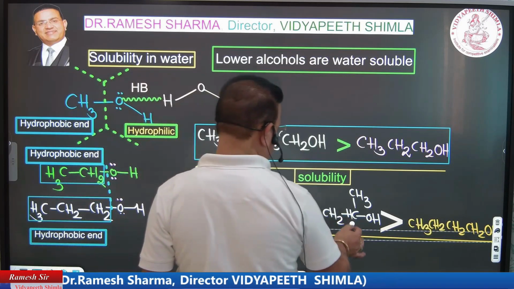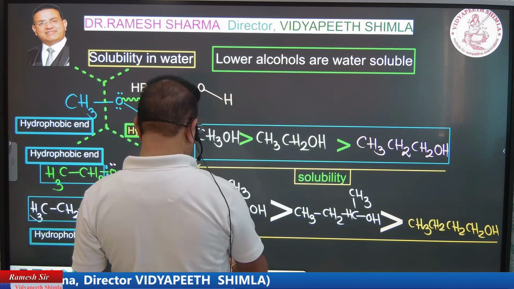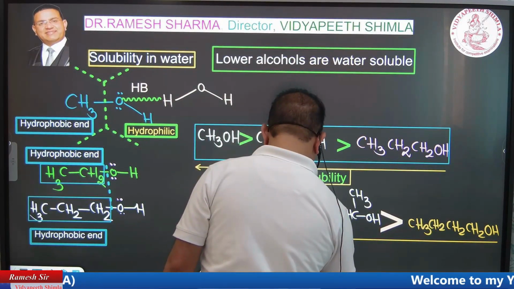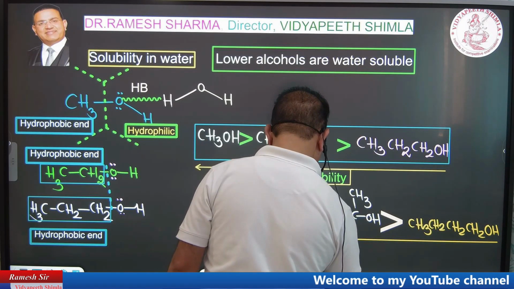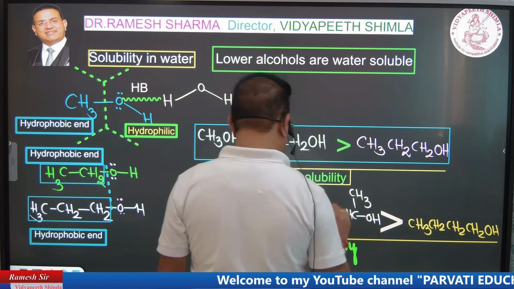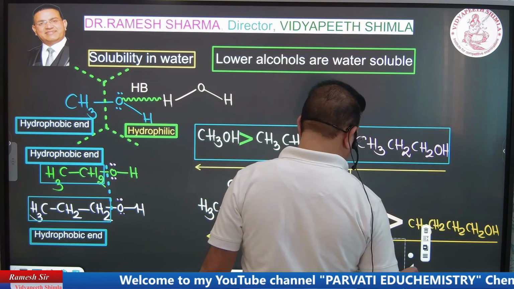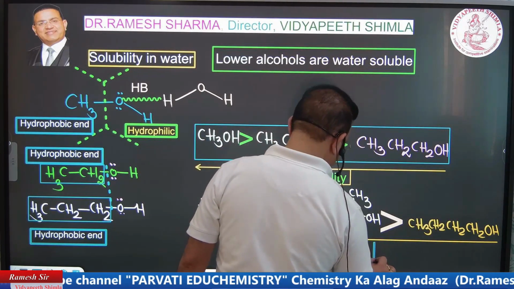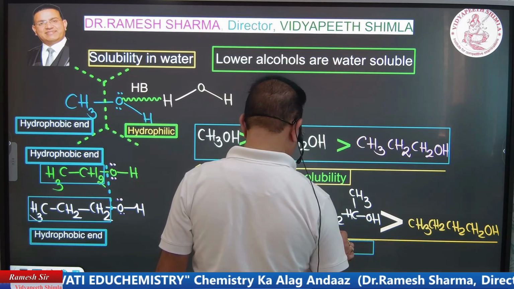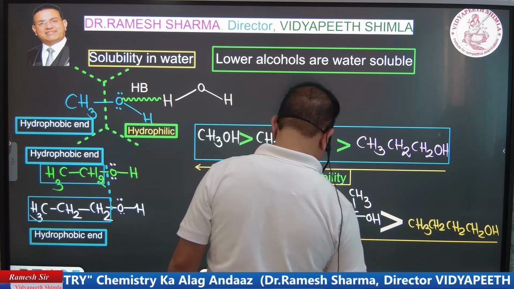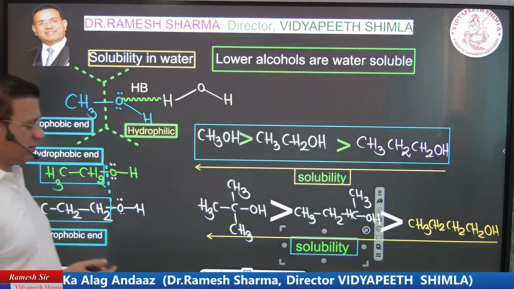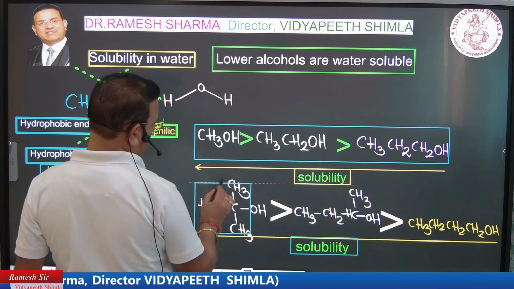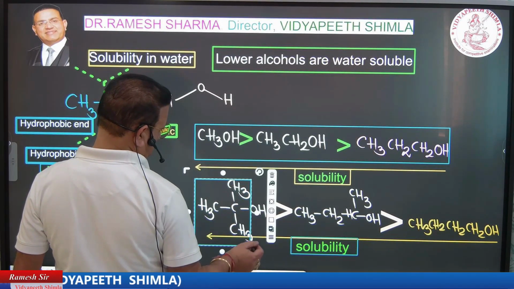So this is the decreasing order of solubility. Because the branching hydrocarbon chain will be with weaker van der Waals force due to smaller surface area. Yes or no?